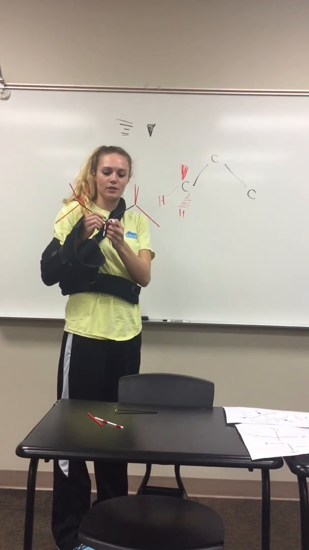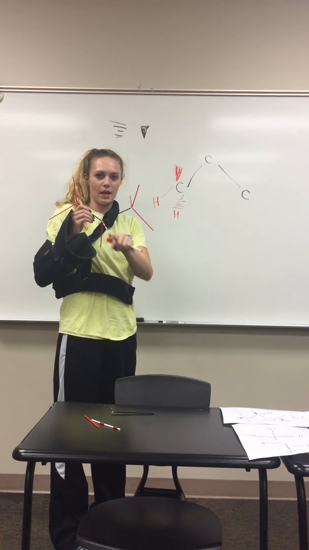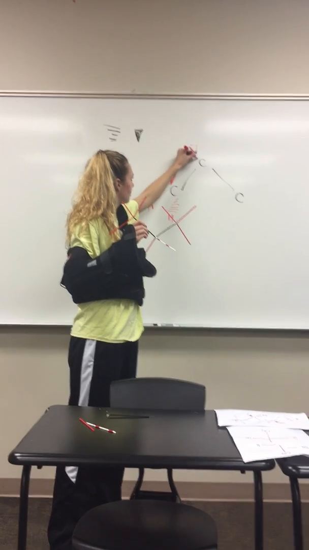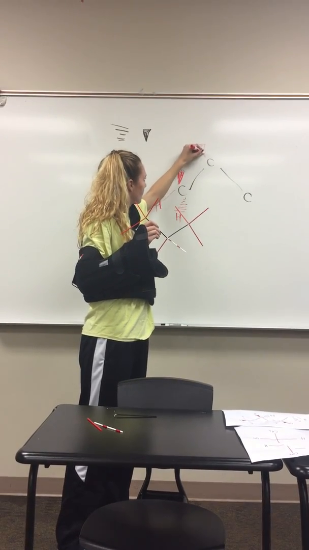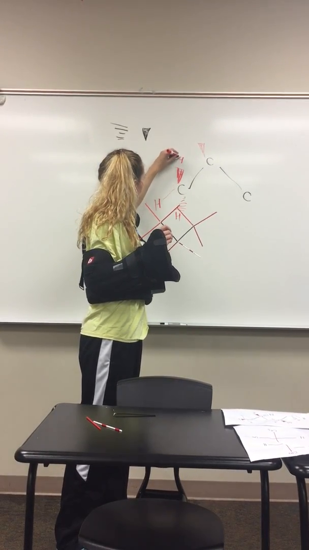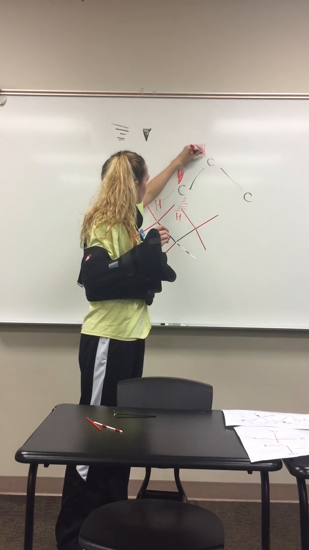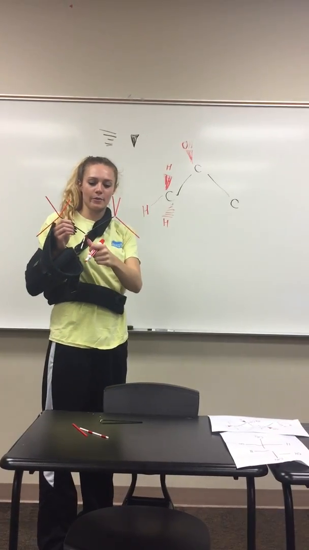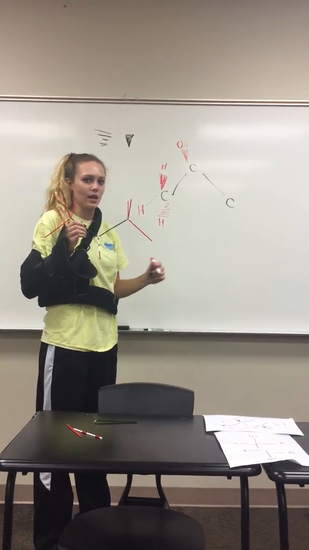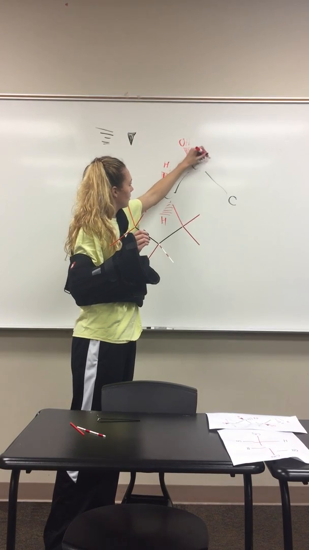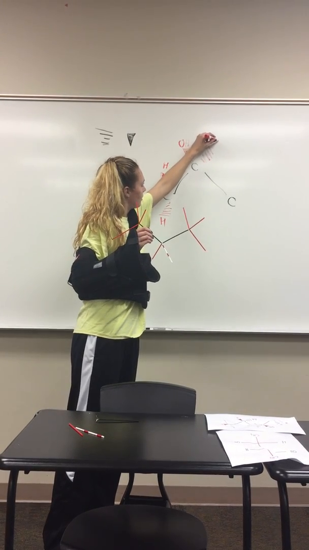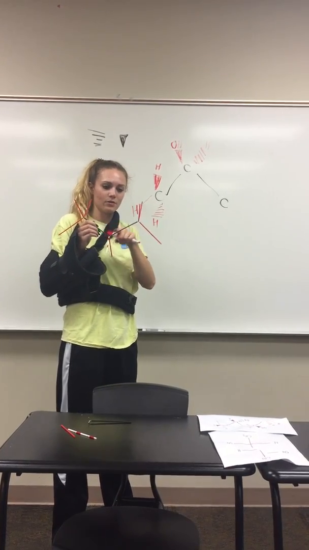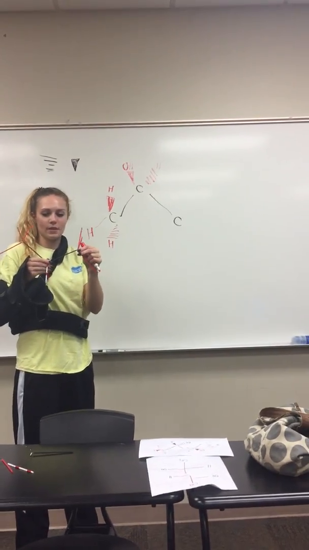Now on carbon number 2 here, we have an OH coming out towards you, so that's going to be a wedge. And a hydrogen coming back towards me, so that's going to be a dash. On carbon number 3 here, we have the same thing as carbon number 1.